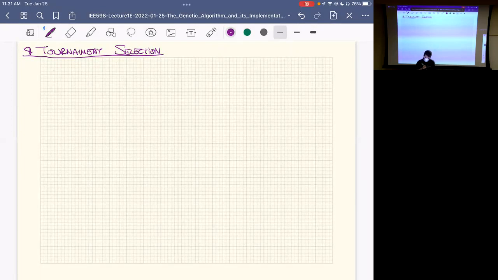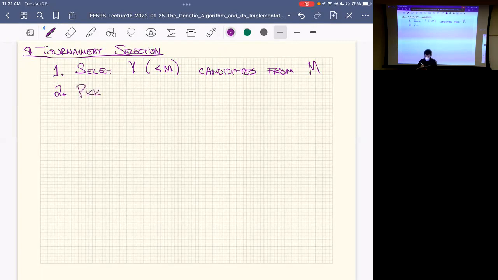Well, step one, select, and here comes another hyperparameter, select Y less than M candidates from our M population, our M individuals, to pick the best from the Y subset.